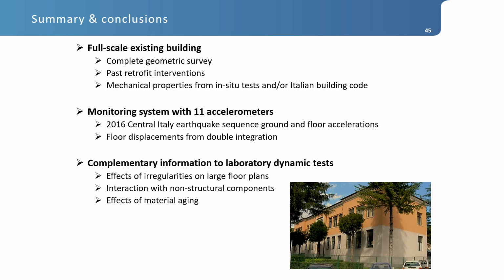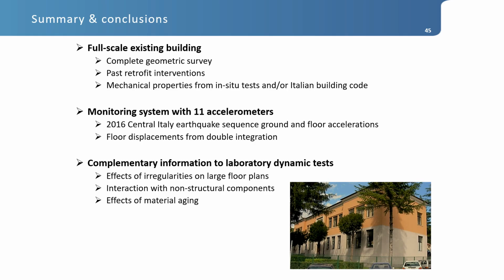With respect to the experimental benchmarks we normally have in the lab, we have, let's say, from one side an uncertain, a partial knowledge of the structure, and in addition there are a lot of irregularities, scale effects, interaction between structural and non-structural components.